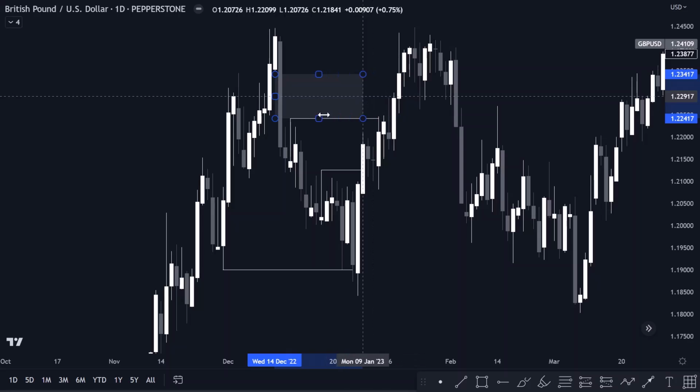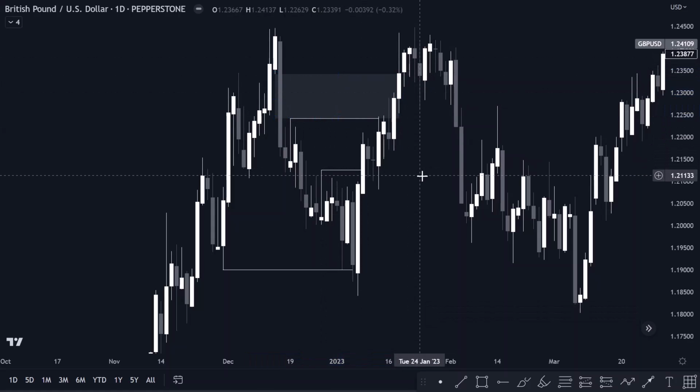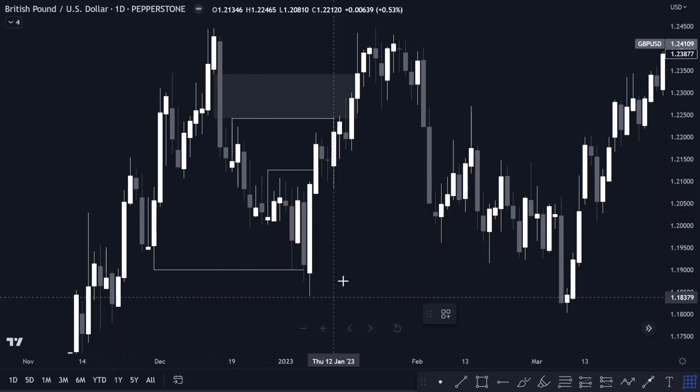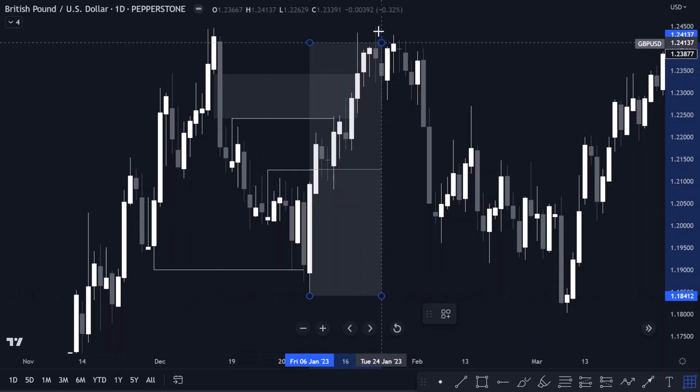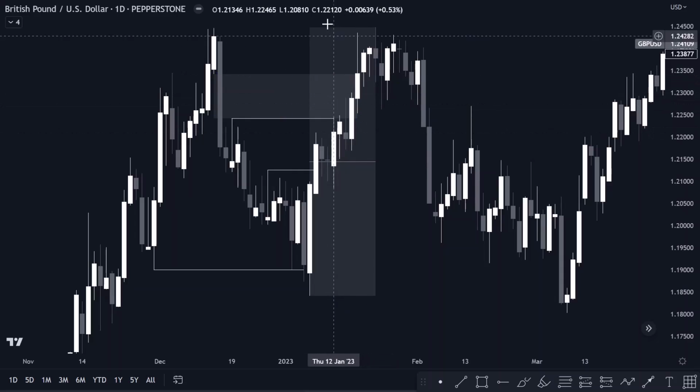That means I want to see this fair value gap filled. We can see it filled here. That's the first thing. So now I'm still bullish, but I will only go long just at the 50%. When I'm above the 50%, now I'm not looking for longs anymore.